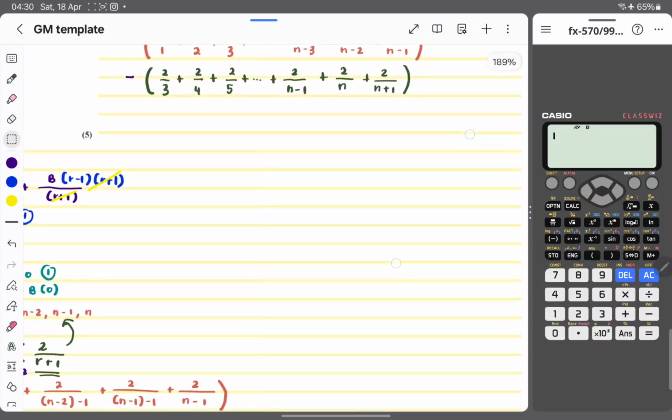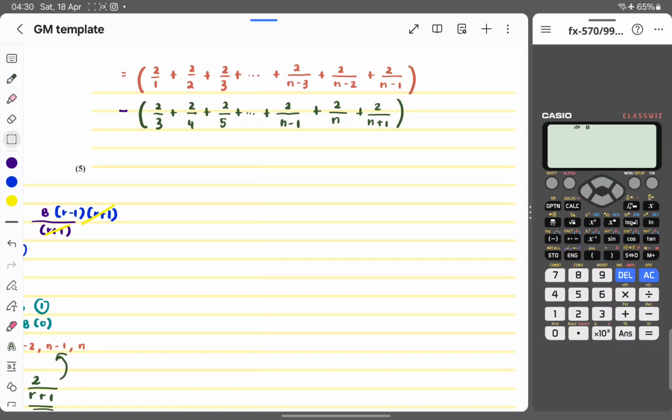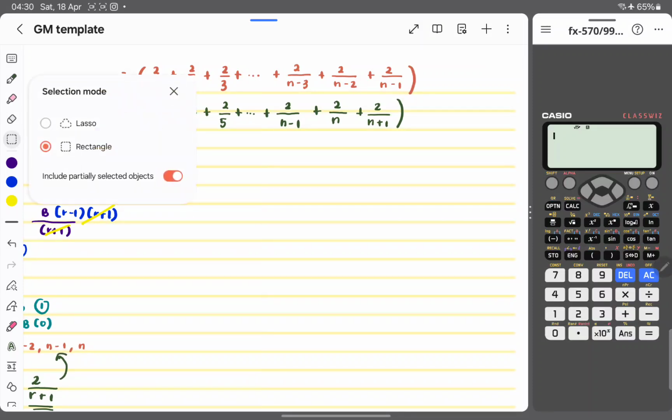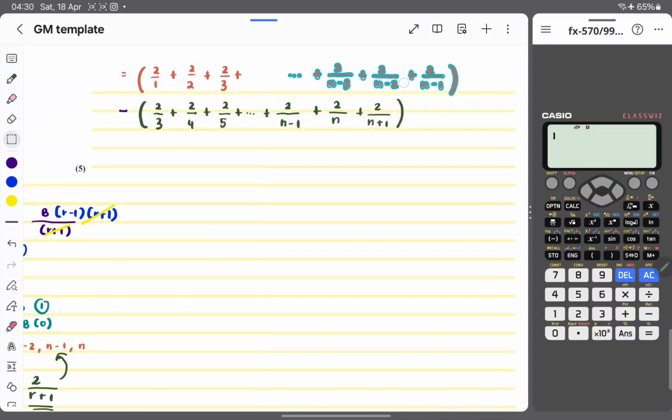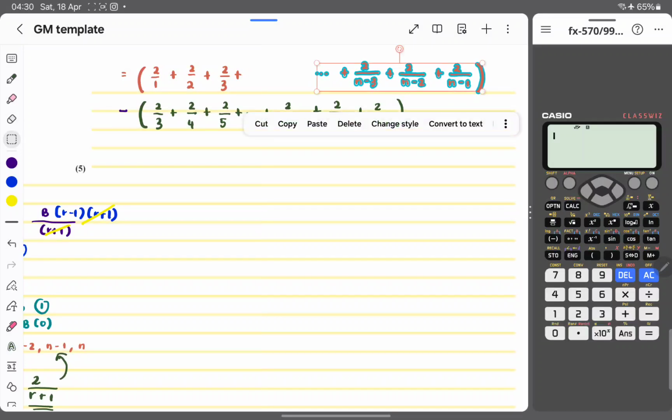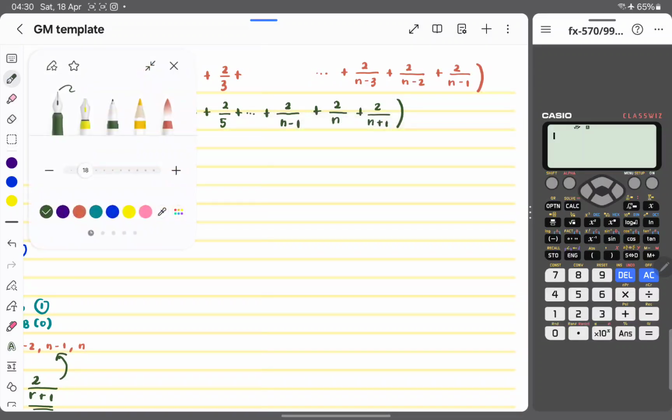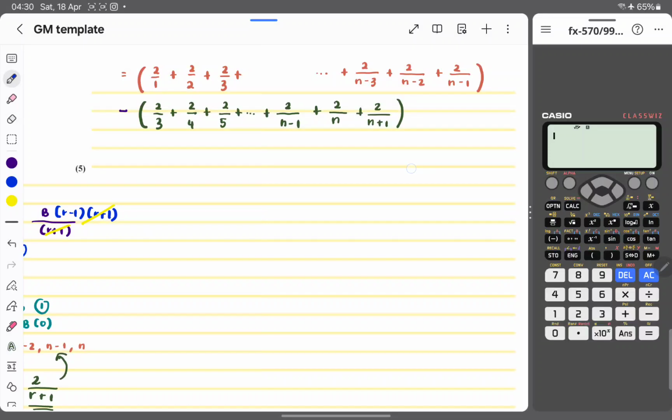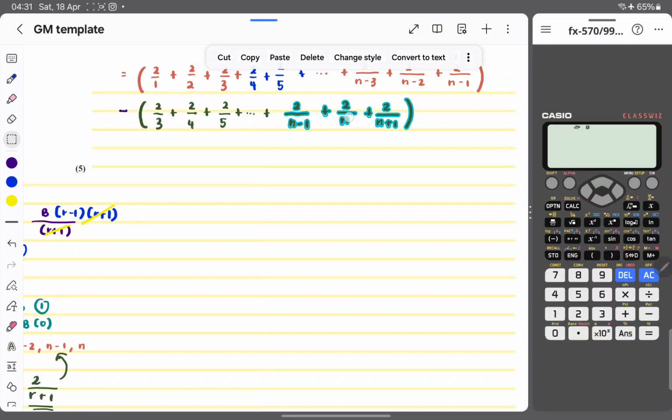The numbers here keep increasing by 1. So I know for sure after 2 over 3, I have 2 over 4 and 2 over 5. And I can continue with the plus dot, dot, dot.